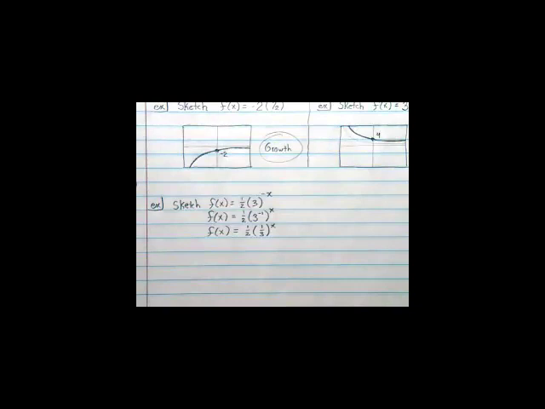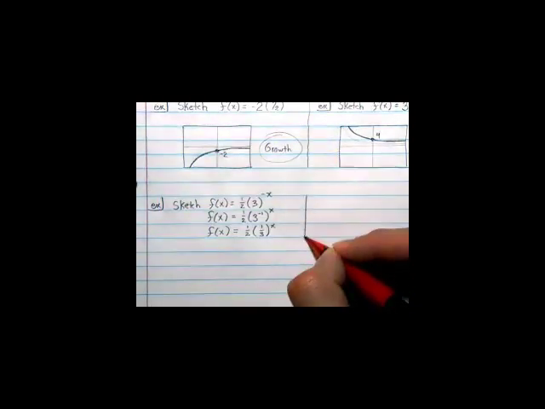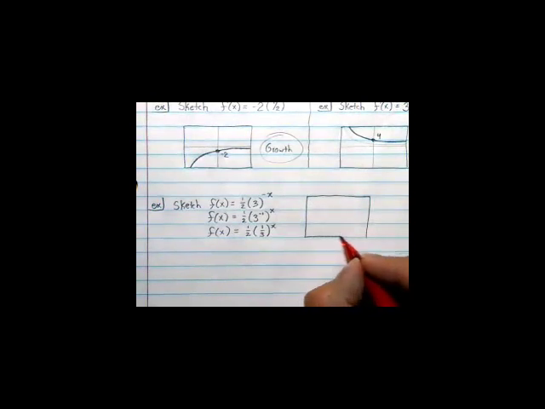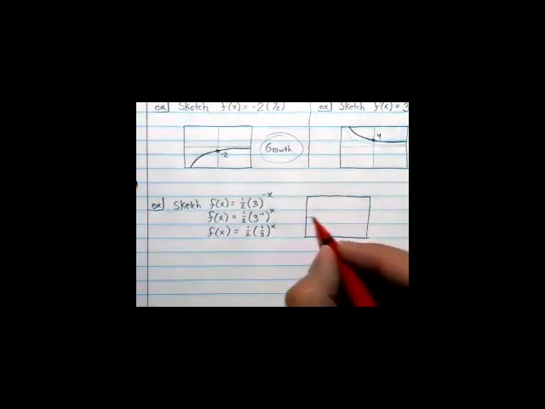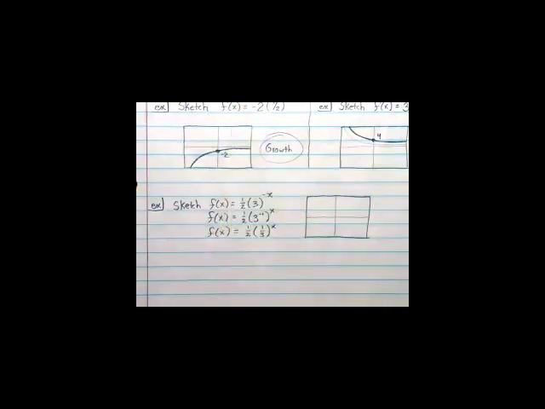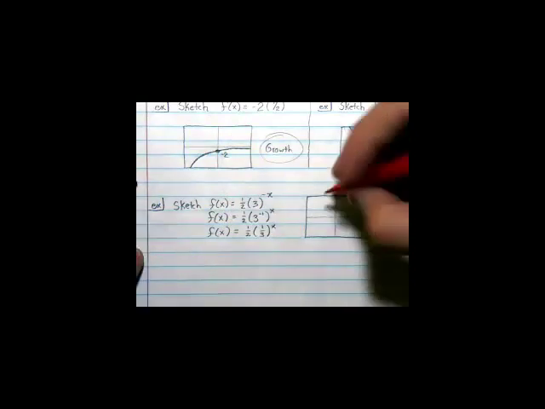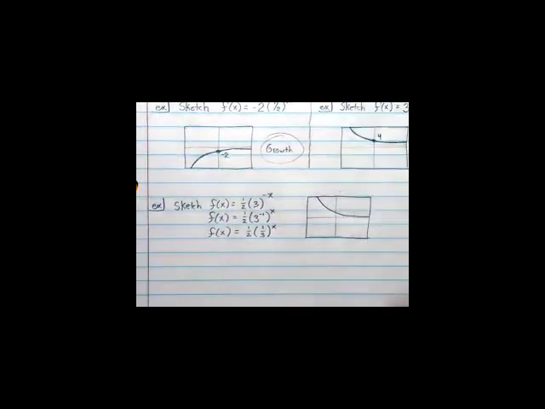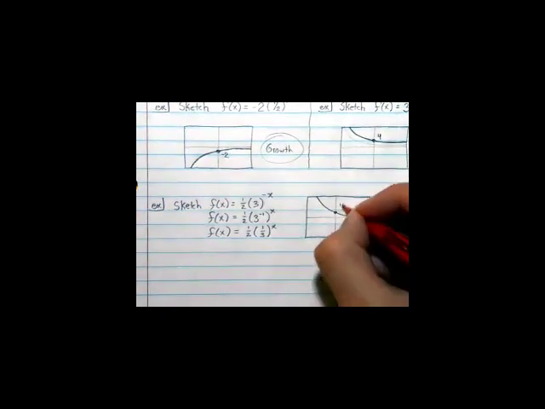Okay. So to sketch that then, we have a is greater than 0. Our base is between 0 and 1. So this is going to be second category again, right? B is a fraction. So it's going to look like this. And what should be that y-intercept? 1/2.